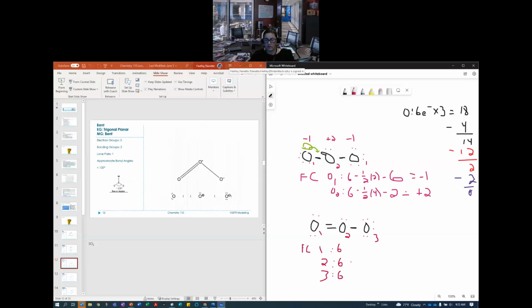Number of valence is the same for all of them. On one, I have 2 bonds, so that's 4, half of which go to that particular oxygen. And then I have 2, 4 that are non-bonded. So the formal charge there is 0. So this guy is 0.